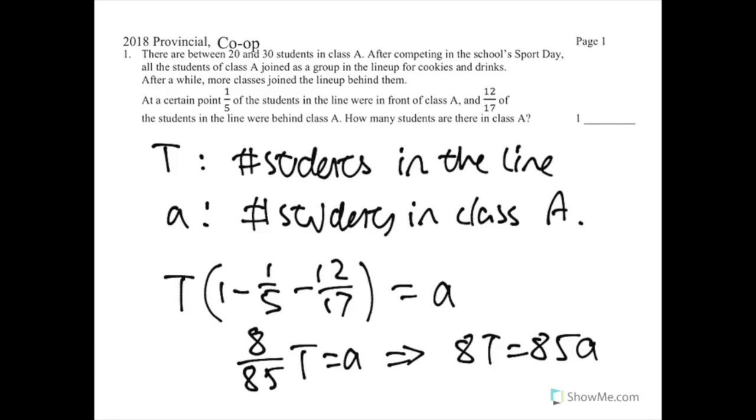Alternatively, you can see that since 8t is equal to 85a, 85a must have a factor of 8. But 85 does not have a factor of 8. That means that a has to have a factor of 8. And 24 is the only number that satisfies this, and so the final answer is 24.